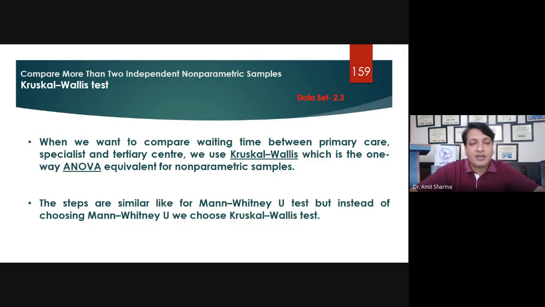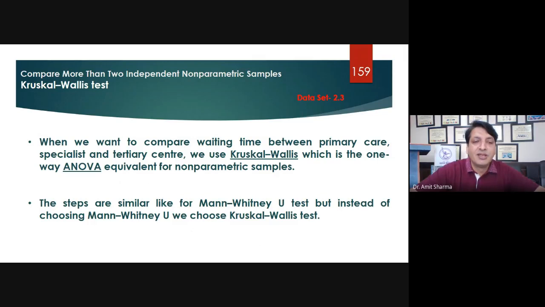If the skewness or the kurtosis given by the software is under the ranges, you can say that data is normally distributed. And if it is less than or more than the ranges of skewness and kurtosis, you can say data is not normally distributed.